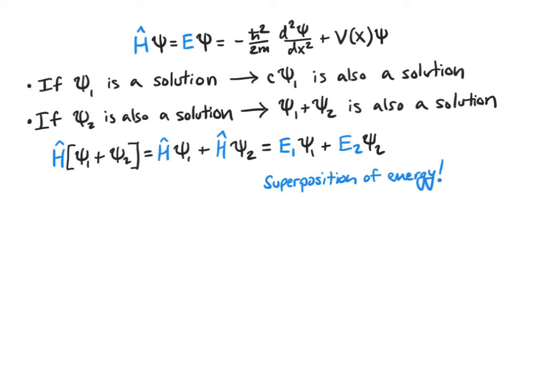Now let's go back to this first point. If psi1 is a solution, then any complex number times psi1 is also a solution. But if we bring back the Born rule, we'll find that this seems to lead to some problems.